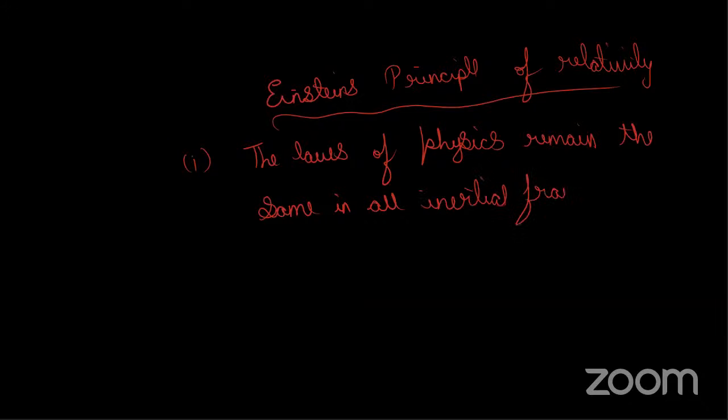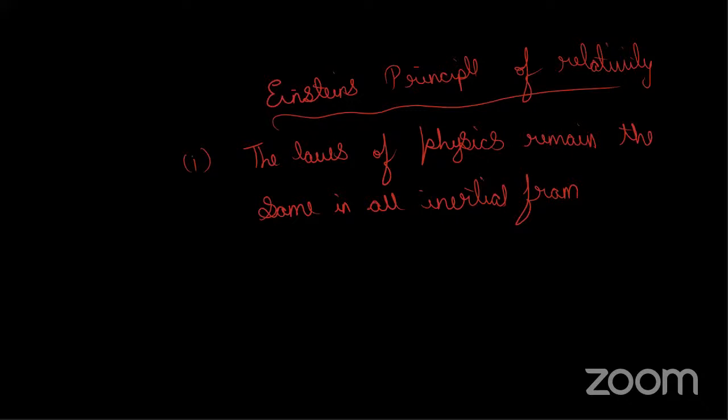It means that if a person is doing an experiment in his inertial frame, the laws he applies in that inertial frame will be the same for an observer in a stationary inertial frame.